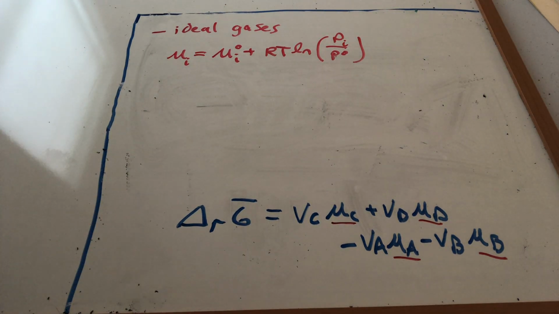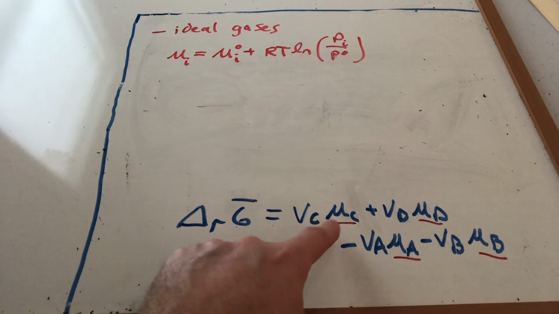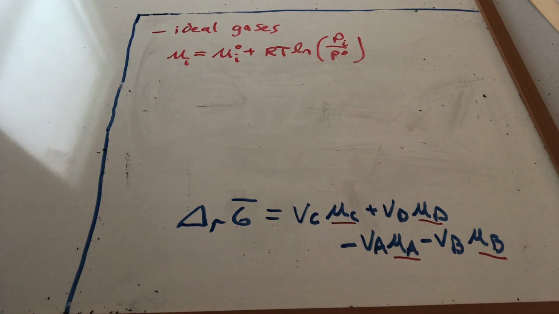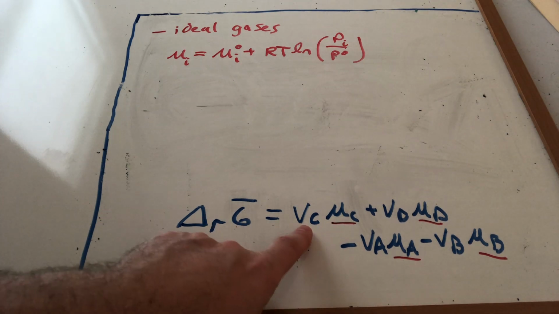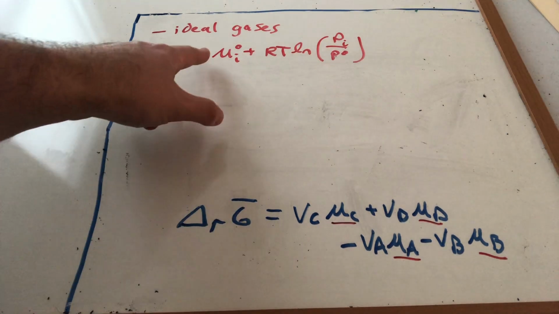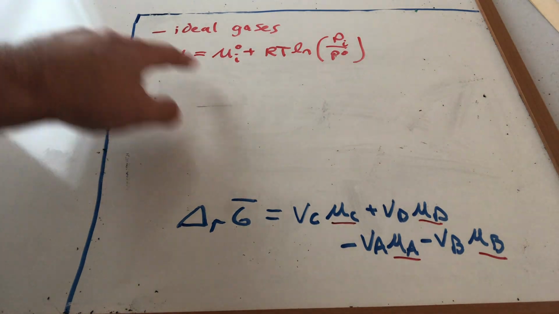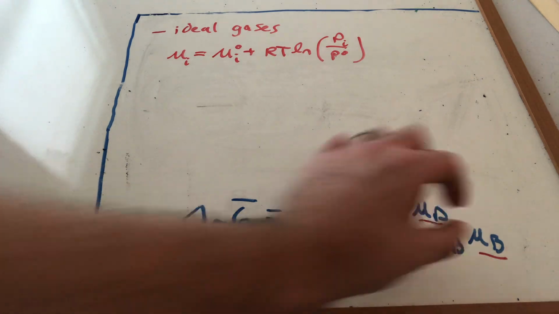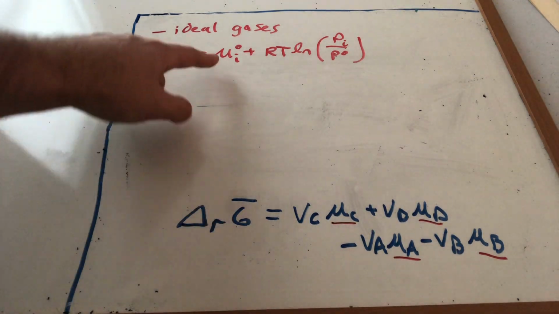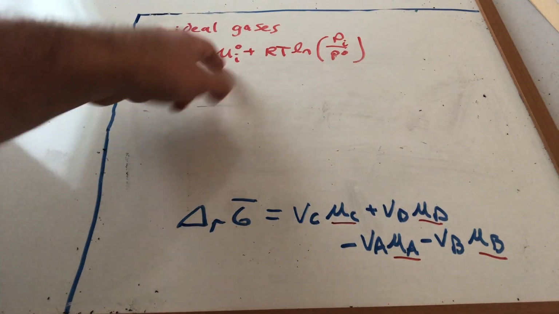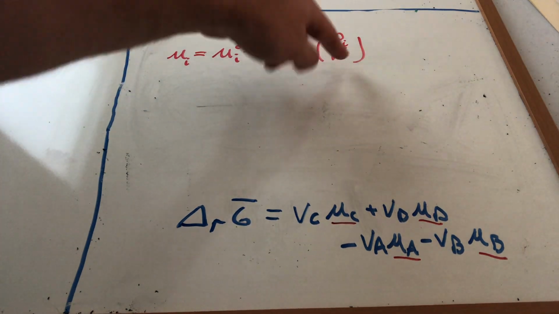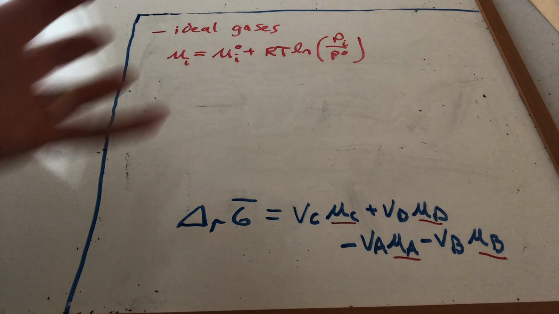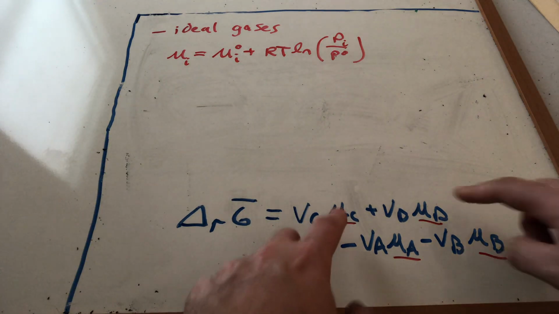That's important to remember. But if I look down here, I can now make this substitution for mu in each and every one of these spots. Now, this VC, for example, is going to multiply here and here when you substitute it in there. So for each one of these spots, we're going to get a mu naught term and an RT natural log of P over P naught term, right? So let's make that substitution into each one of these spots.